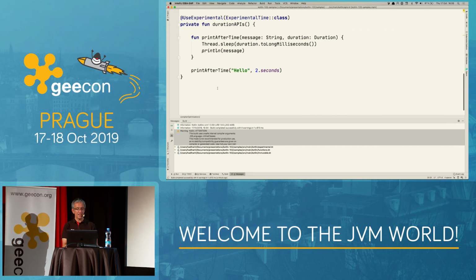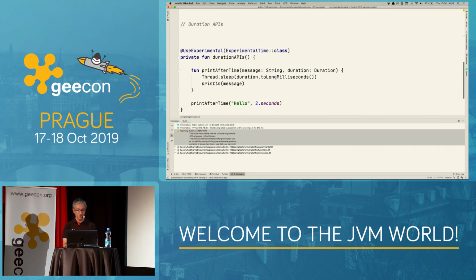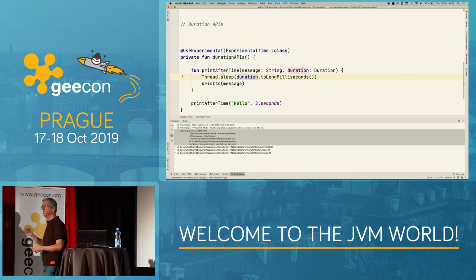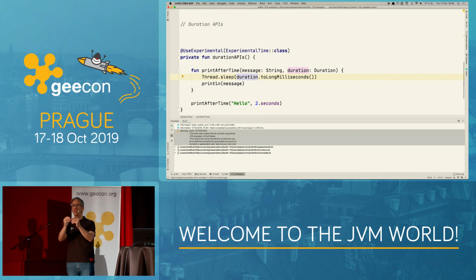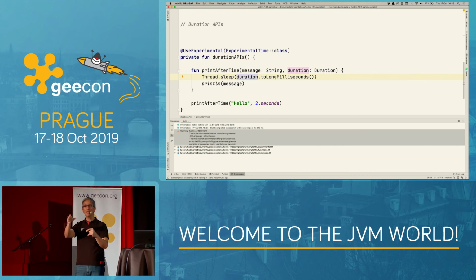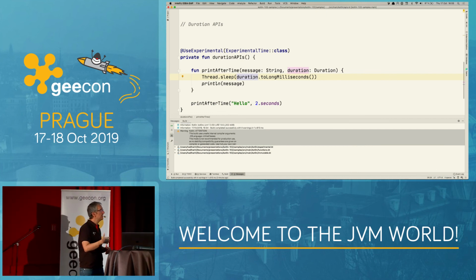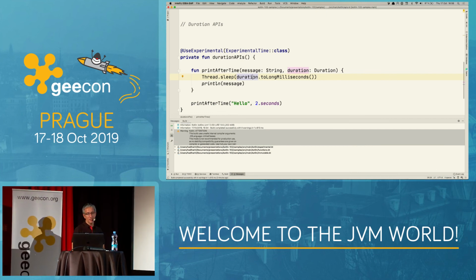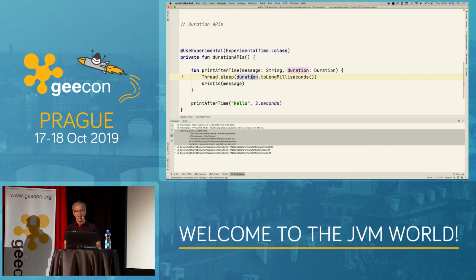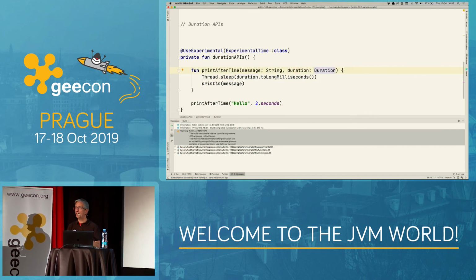The inline classes that I talked about are very useful for this duration class that we've added. A lot of the time, if you've dealt with time, you've had to look at the function signature to say whether it's get duration in milliseconds or whether the parameter says milliseconds or whatever. And we've added a new class, duration. The great thing about duration is that it now is more explicit, right? How long is the duration?